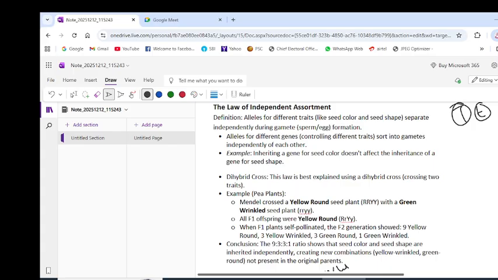They are transferring independently. Okay, for example, inheriting a gene for seed color doesn't affect the inheritance of the gene for seed shape. Okay, this is the finding he concluded after the dihybrid cross.